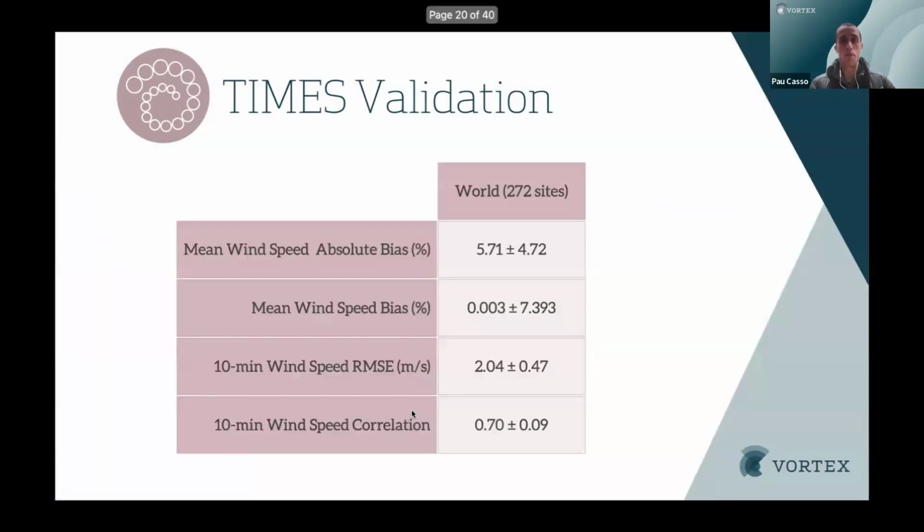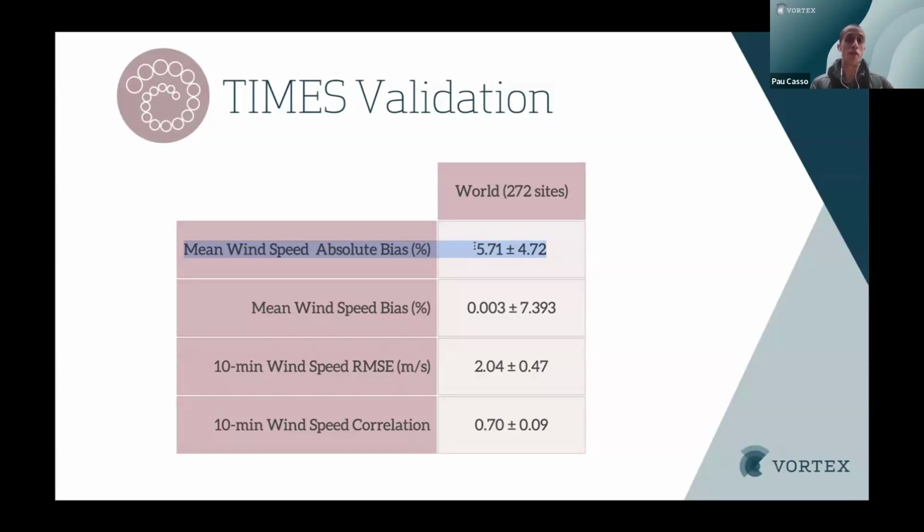What we did is, for the almost 300 sites, we have a very clear summary of metrics. This is the main one, probably. This is what you could call the error, speaking quickly, the quick metric that summarizes the error.